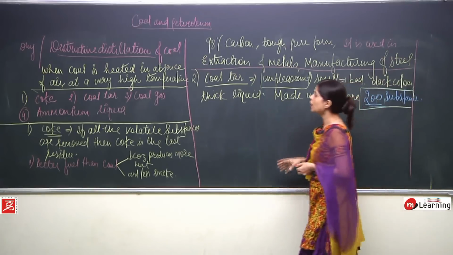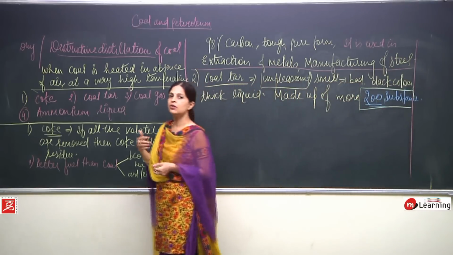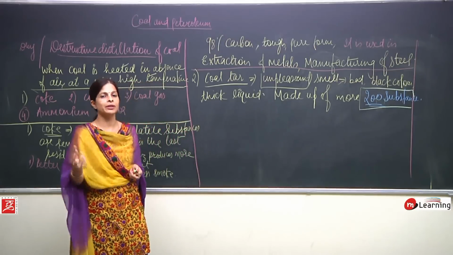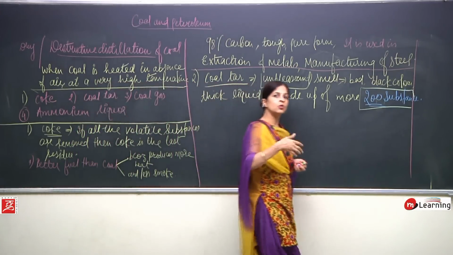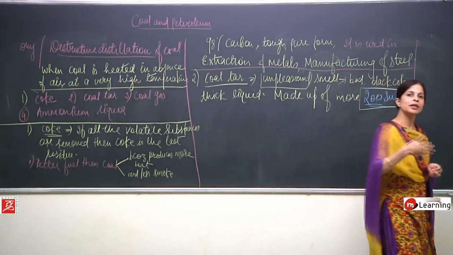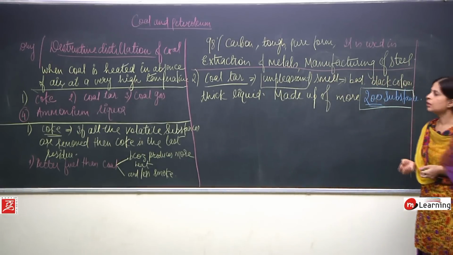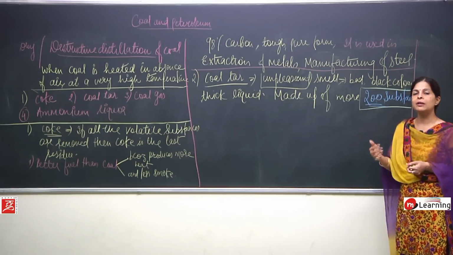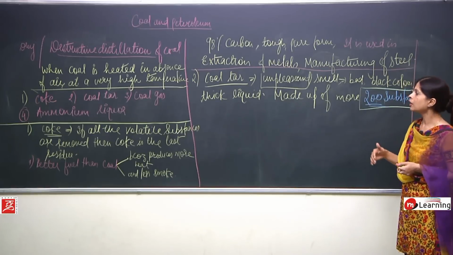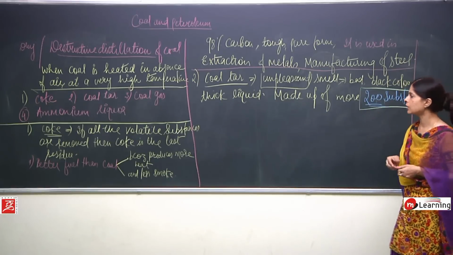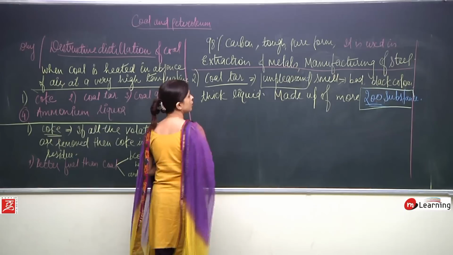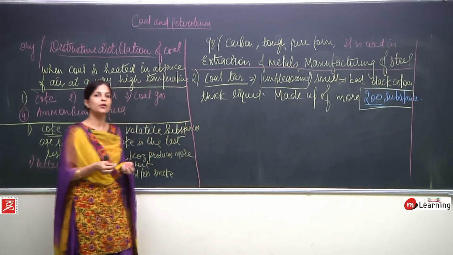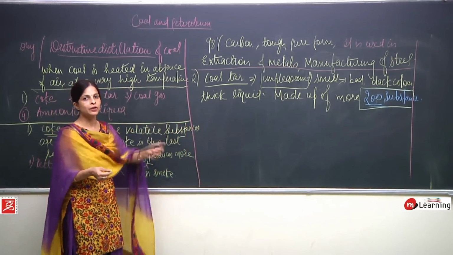Children, all these 200 substances can be removed from this, and then those substances are used to make different kinds of things. What are the things which can be made from coal tar? There is a long list of what can be obtained with the help of coal tar.